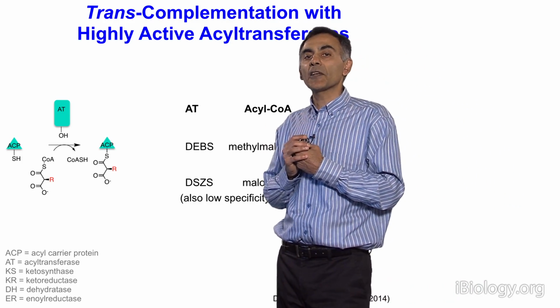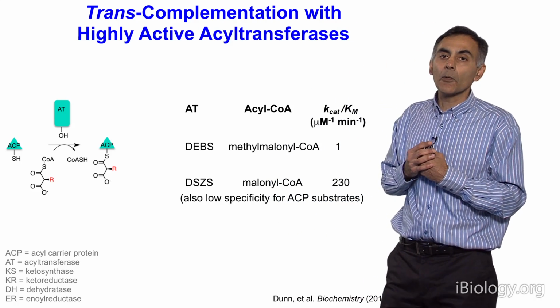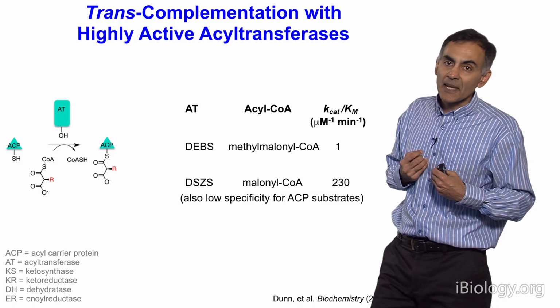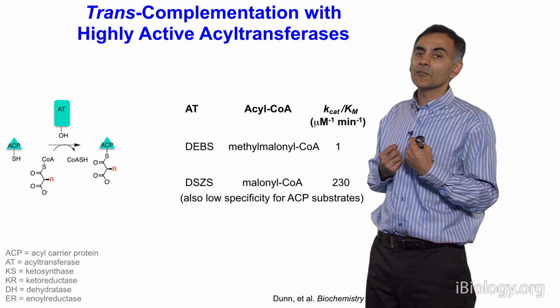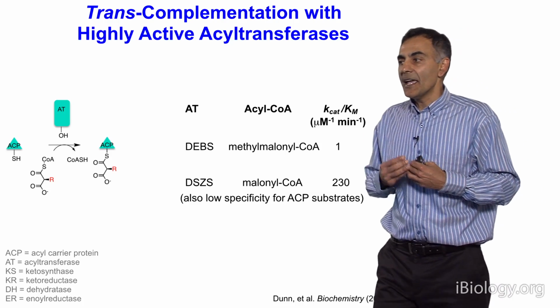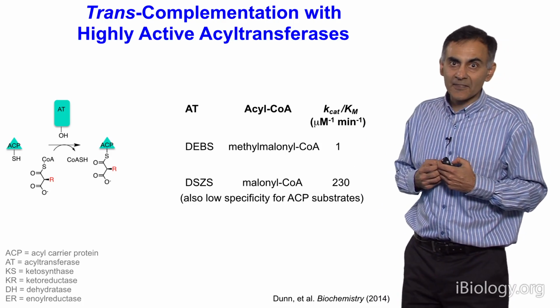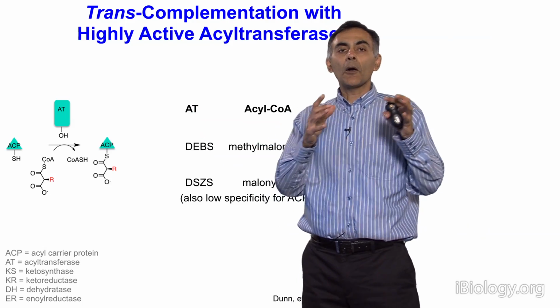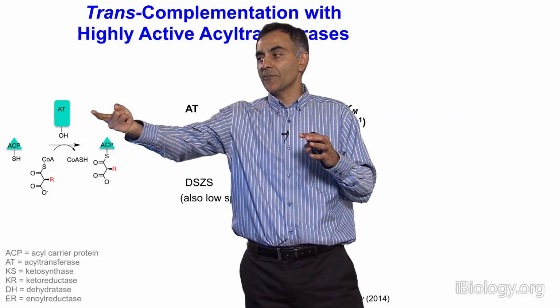Analogous to the kinds of experiments you may be familiar with when you think about incorporating unnatural amino acids in proteins that are derived by ribosomal mechanisms. There are some examples of acyltransferases that we call standalone acyltransferases.